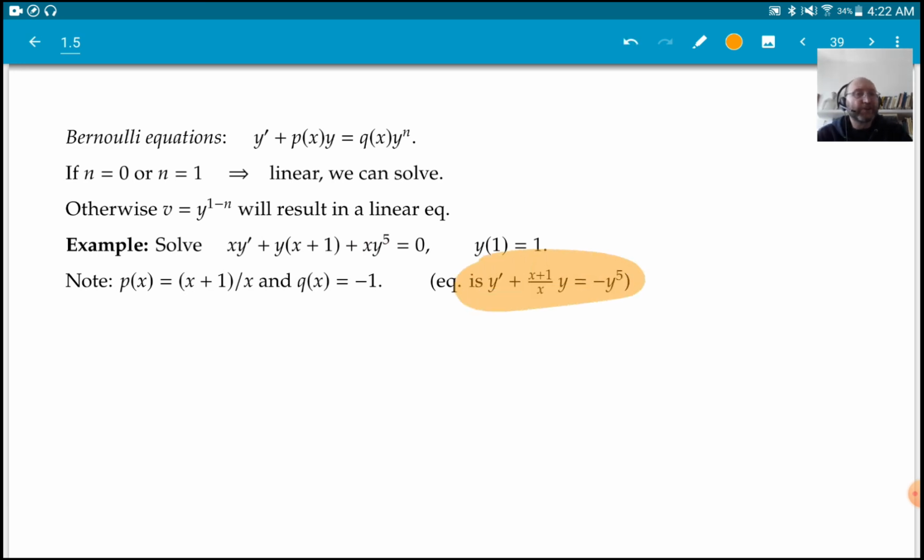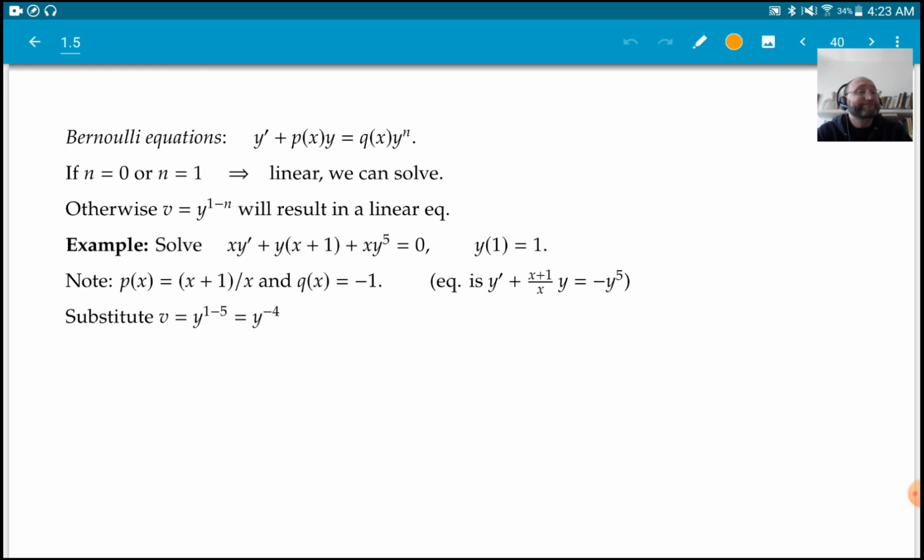Just to check that it really is a Bernoulli equation: I can divide by x, and this disappears, this becomes x, x plus 1 over x, and I can move the y to the fifth to the right-hand side. So my p is this guy, and my q would be the -1 in front of the y to the fifth. We don't really need to figure out what p and q are. We're just going to do the substitution.